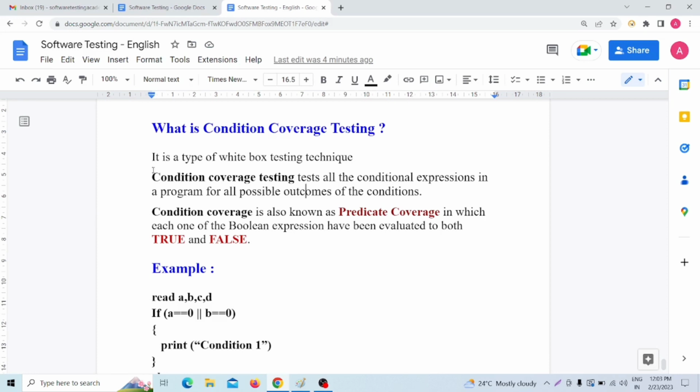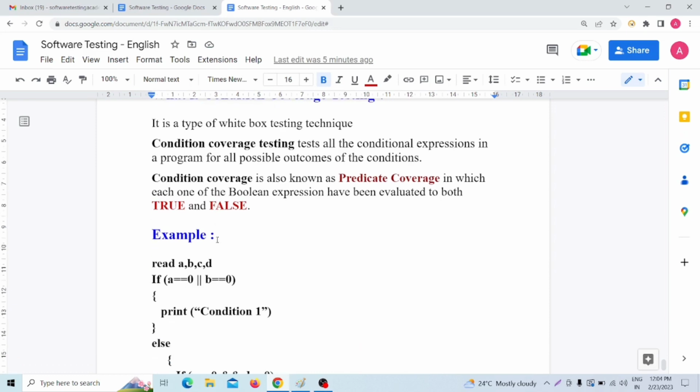Now in these lines we are not getting all the points, so first I am giving you one example, then you can understand everything. But we have to know that in condition coverage, the Boolean expressions are evaluated to both true and false values.